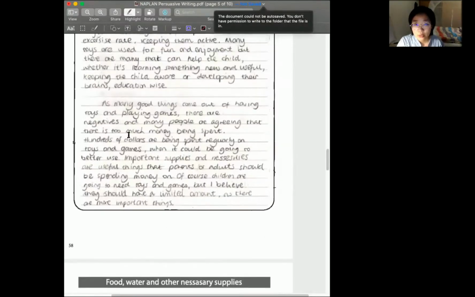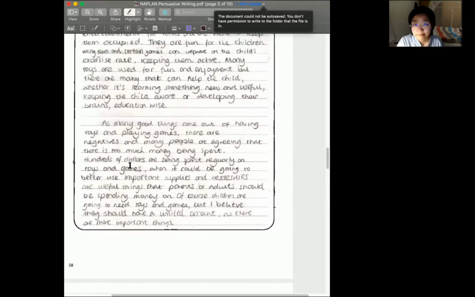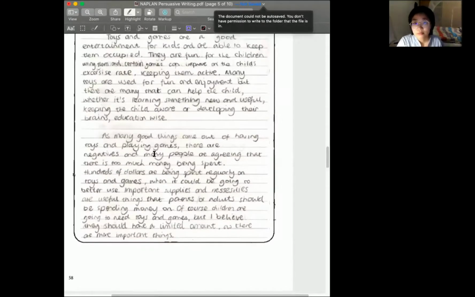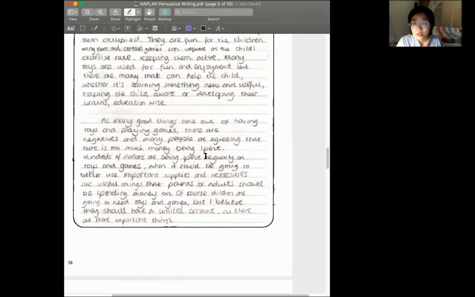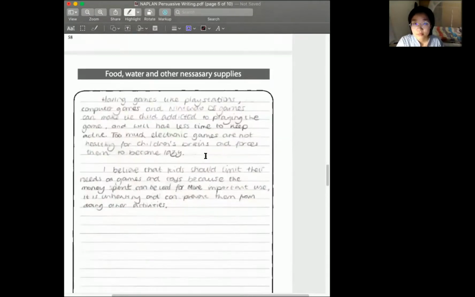How about this paragraph? What is the opinion? There are negatives, and many people are agreeing that there is too much money being spent. So some people disagree with spending too much money on toys and games. That's the second argument, isn't it?